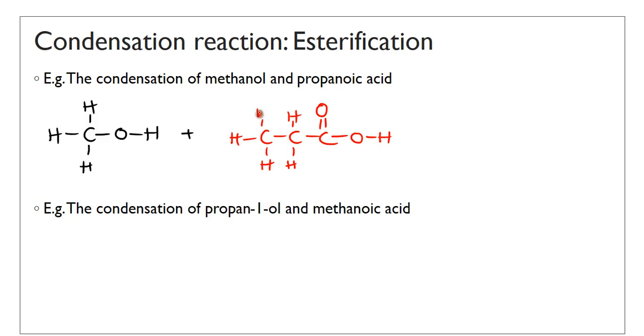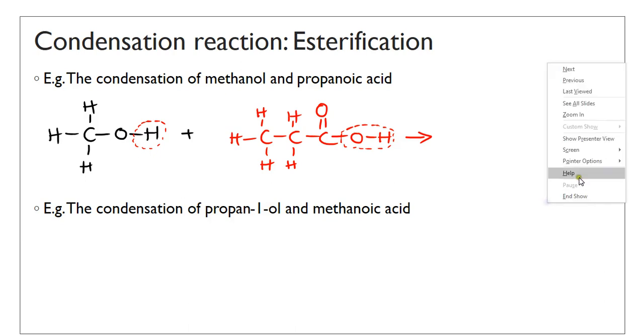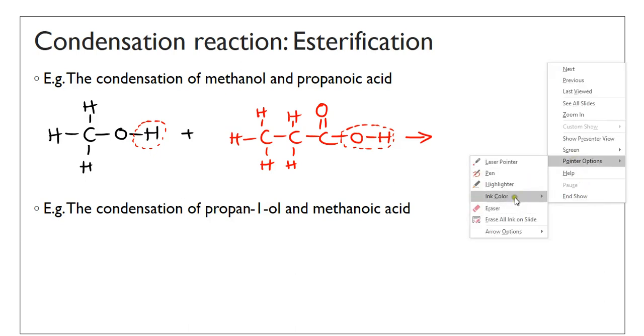Okay. So because this is a condensation reaction, I think the most important thing is to understand where the water comes from. The carboxyl group is going to donate the OH, and the hydroxyl group is going to donate the H. So the OH comes from the carboxyl, and the H comes from the hydroxyl.